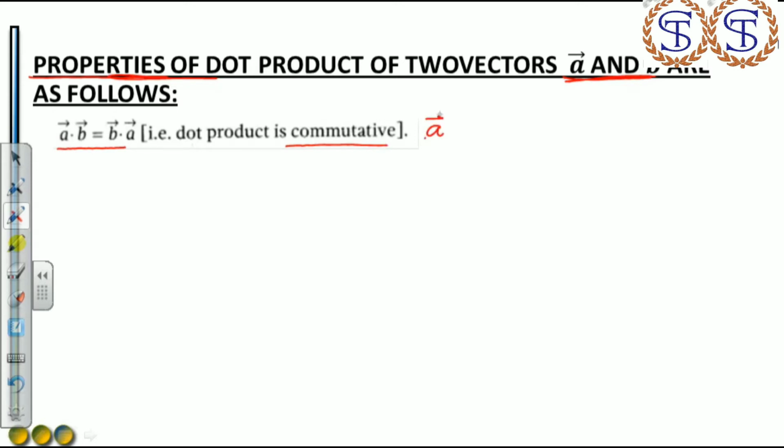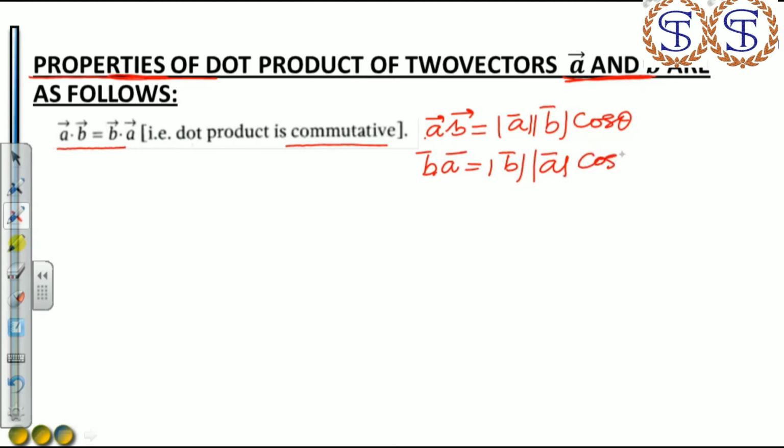Let's see, actually what is A dot B? A dot B is AB cos theta. And what is B dot A? Again, B dot A is BA cos theta. See, AB cos theta is equal to BA cos theta, because cos theta is equal to cos theta. And A dot B means A into B, and B dot A means B into A, both are the same.